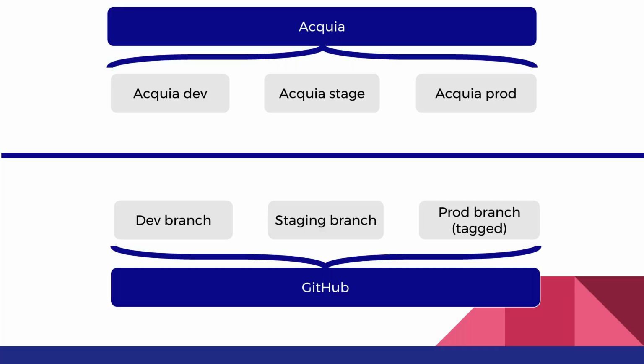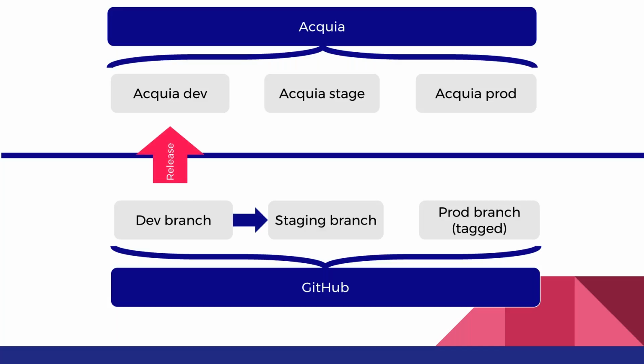But deployments to production use tags on GitHub. We are not deploying the production branch directly to Acquia because there would be no easy way to make a rollback if something went wrong. So we are using tags.